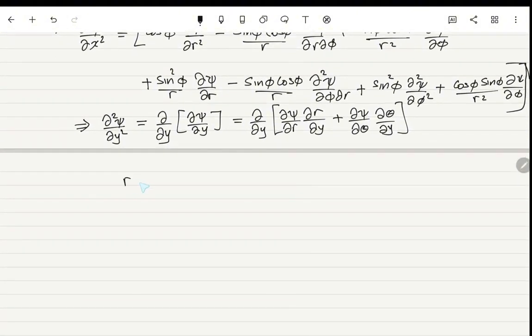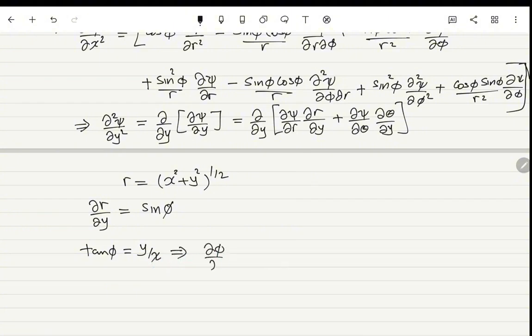Remember, r is equal to x square plus y square to the power half, and in order to find partial r partial y, partial r partial y equals sine phi. We are actually repeating the same procedure as x, so tan phi equals y over x and partial phi partial y equals cosine phi over r.